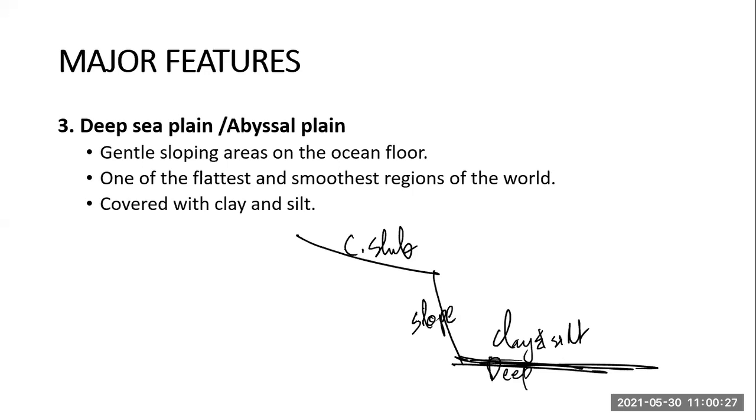Okay, so you can write the definition. Deep sea plain, also called the abyssal plain. These are gentle sloping areas on the ocean floor. One of the flattest and smoothest regions of the world.